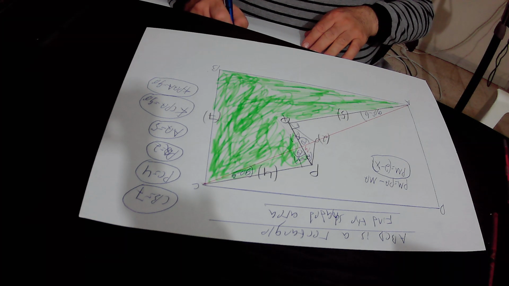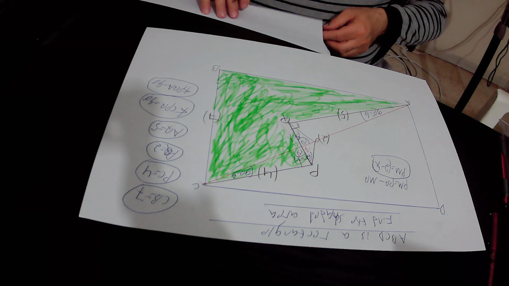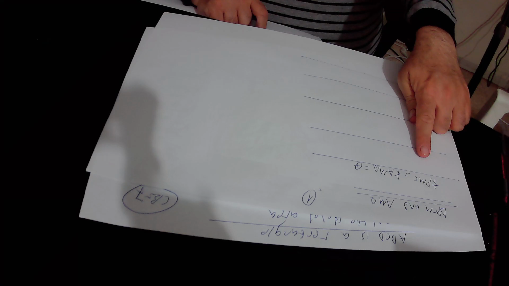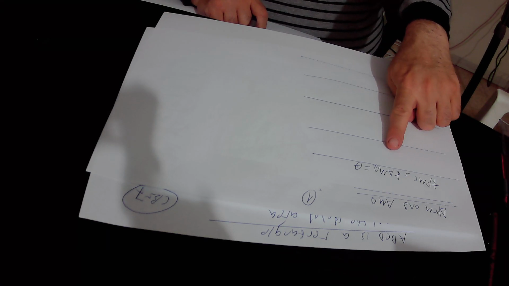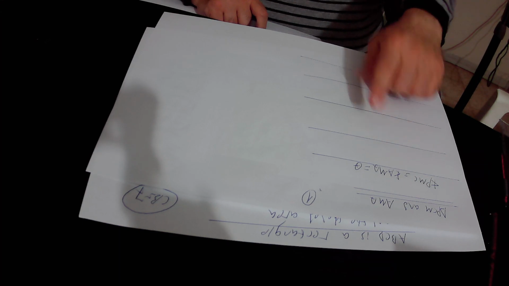I'll repeat: angle PMC in the right triangle PCM equals angle AMQ in the right triangle AMQ. They are both equal to theta, therefore they are equal to each other.